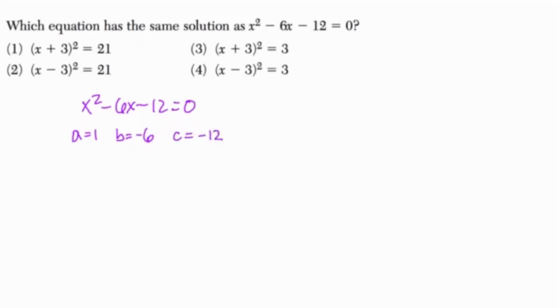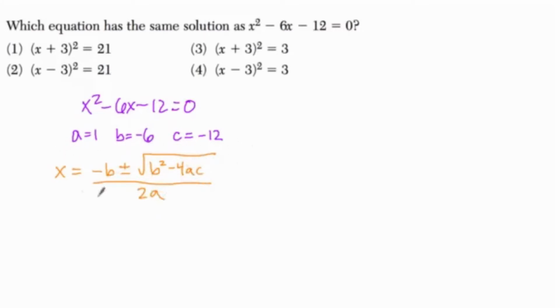So we use our quadratic formula, which we know is x equals -b plus or minus the square root of b squared minus 4ac, all divided by 2a.